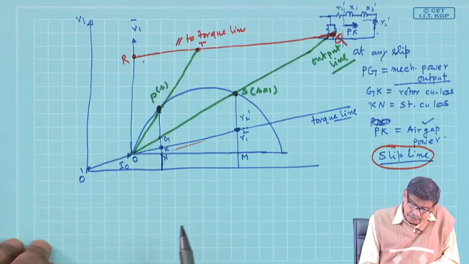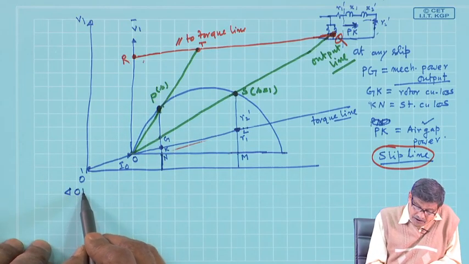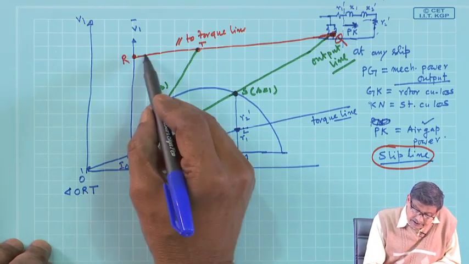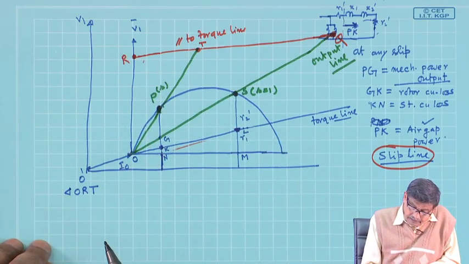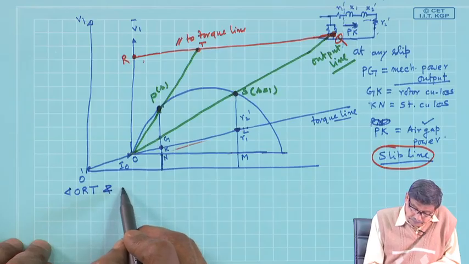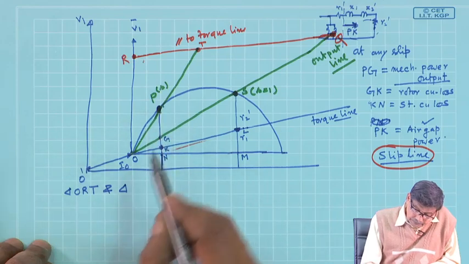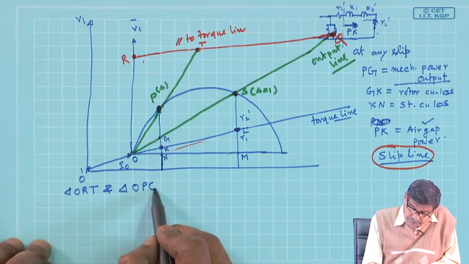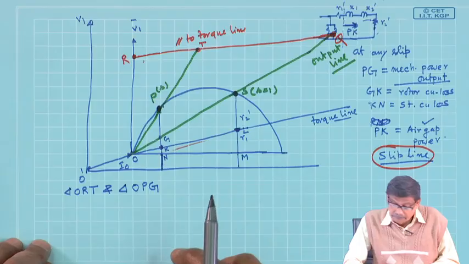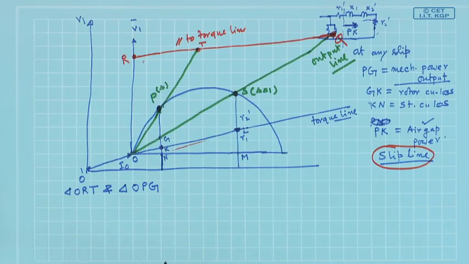So, consider 2 similar triangles: triangle O R T, that is this triangle, and the triangle O P G.